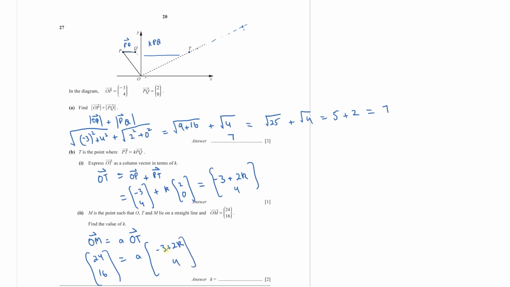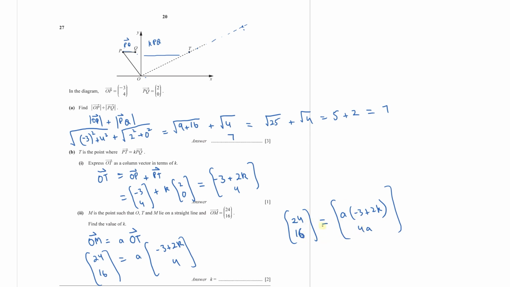If I multiply the scalar inside, I get (24, 16) equals (A times (-3 + 2K), 4A). Now if I compare these column vectors on either side of the equality sign, the values on top should be equal, and the values on the bottom should be equal as well.